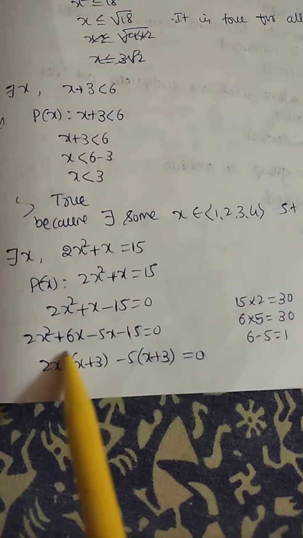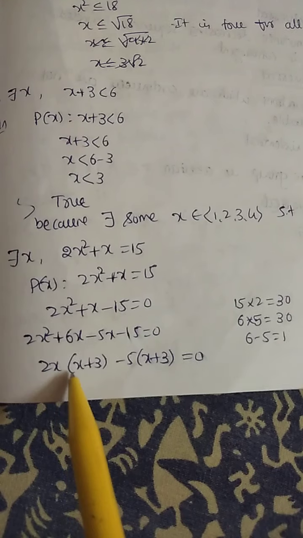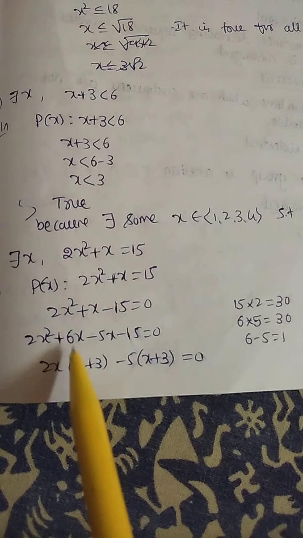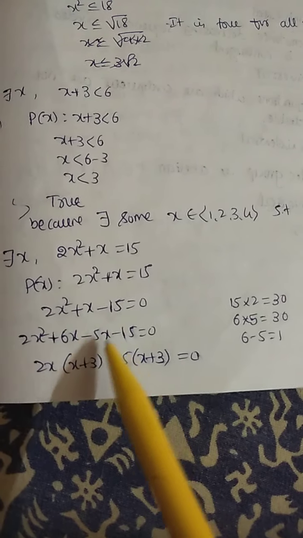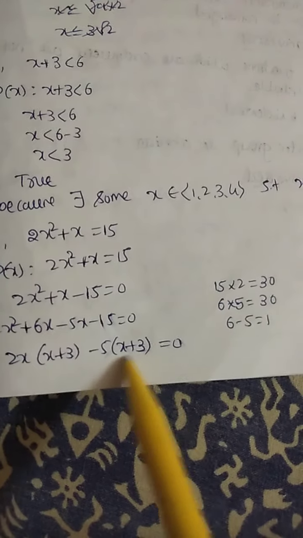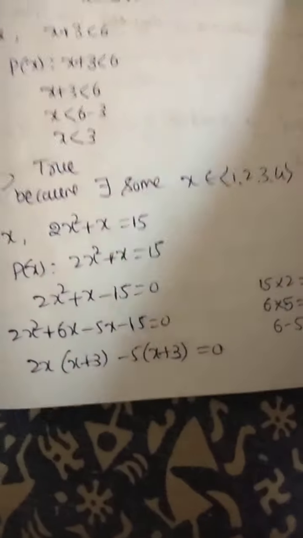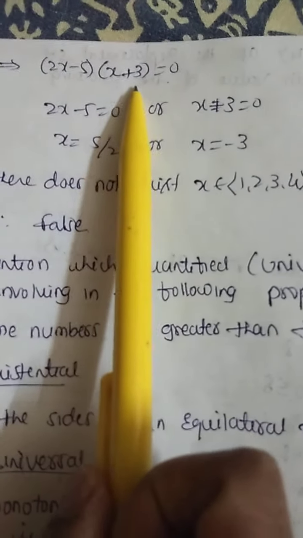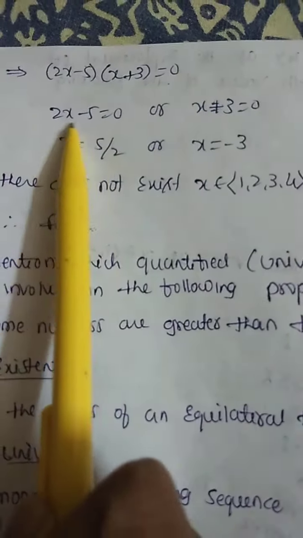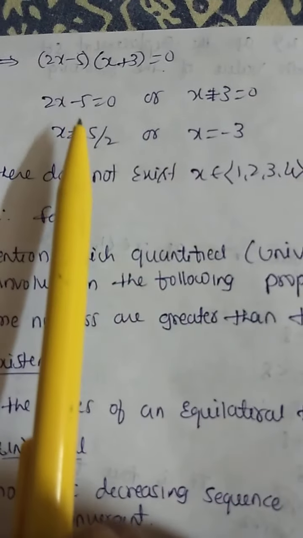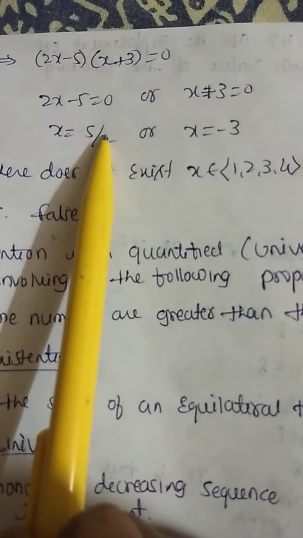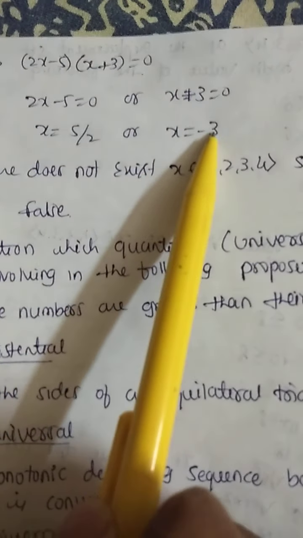In the first two terms, 2x is common. We have x plus 3: 2x into x is 2x square, 2x into 3 is 6x. In these two terms, minus 5 is common, giving x plus 3. That is, (2x minus 5)(x plus 3) equals 0. So 2x minus 5 equals 0 or x plus 3 equals 0. 2x equals 5, so x equals 5 by 2, or x equals minus 3.